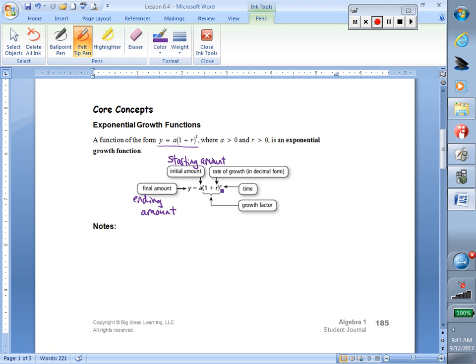The r value that we see inside the parentheses, that's our rate of growth in decimal form. So that means our rate of growth is given to us as a percent. We have to change it to a decimal.